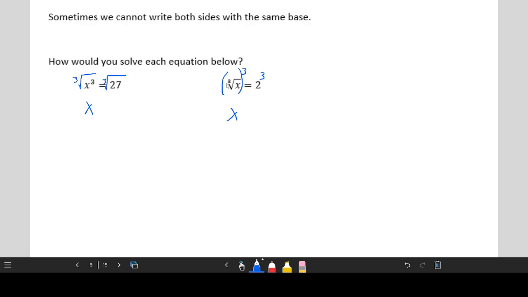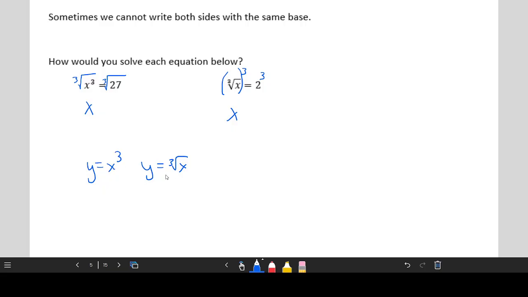The reason we do that is because the functions y equals x cubed and y equals cube root of x are inverses of each other. Those are inverse functions, which we've discussed previously. That means that when you compose them, when you put one inside the other, they undo each other, and you're just left with whatever's inside there, in this case x.